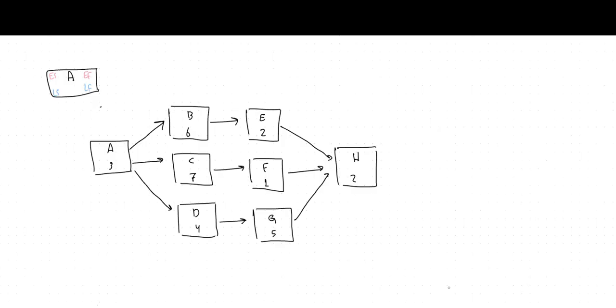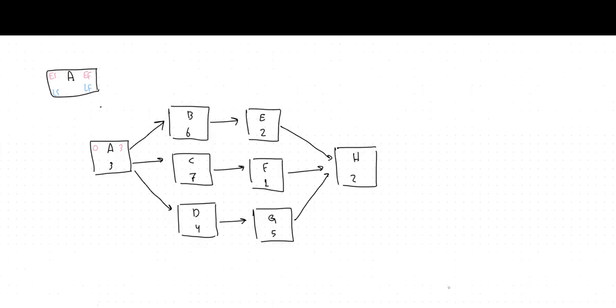So we'll start with activity A. Activity A is the first activity, and when we move from the start to finish, we sum the time, and then we take the highest value from the activities. So activity A starts at time 0. It needs 3 days, which means it will finish at day number 3.